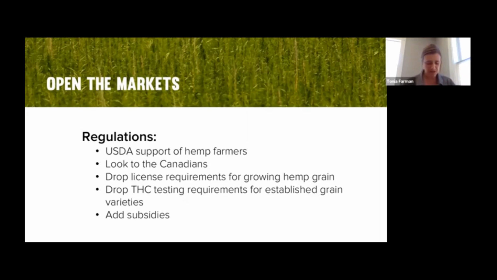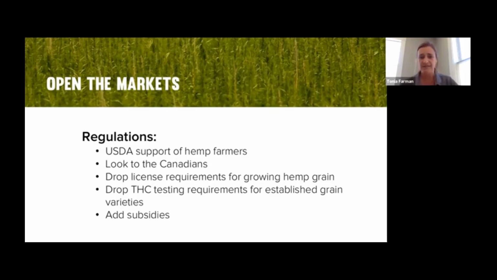The other big two are licensing. Right now, as a hemp grain farmer, you have to pay the same licensing fees as if you were growing for CBD. We need to drop those license requirements. That adds additional cost. The other big cost that is prohibitive is the THC testing requirements.